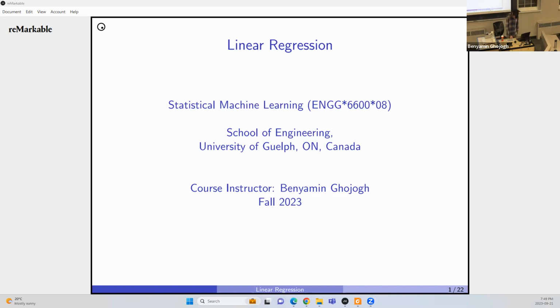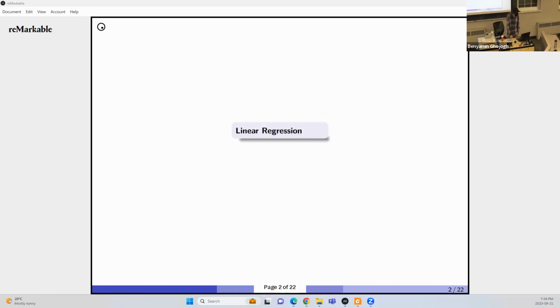Linear regression. For regression, we will cover regular linear regression and regularized linear regression. Again, we use L2 norm regularization and L1 norm. The linear regression with L2 norm regularization is called ridge regression. Linear regression with L1 norm regularization is called lasso regression. We'll cover them.